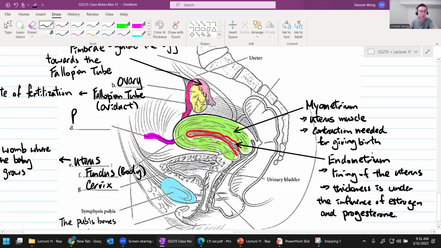This is called the round ligament. Round ligament is basically to support the uterus as it gets heavier with the baby inside. All right.